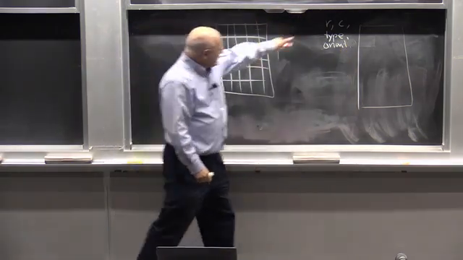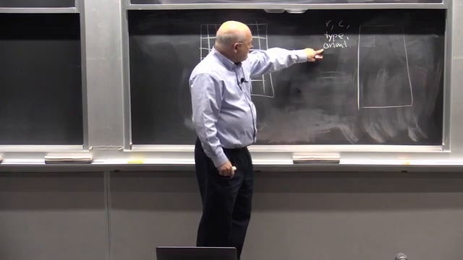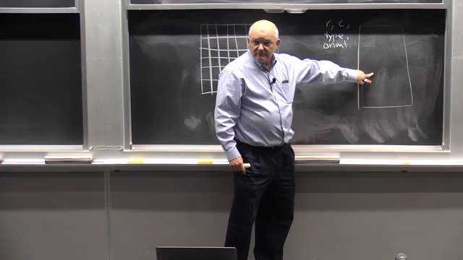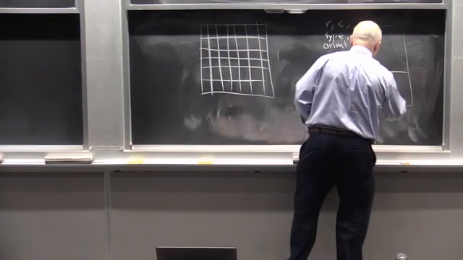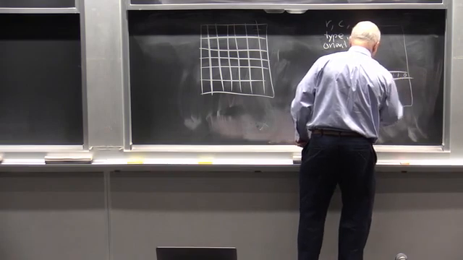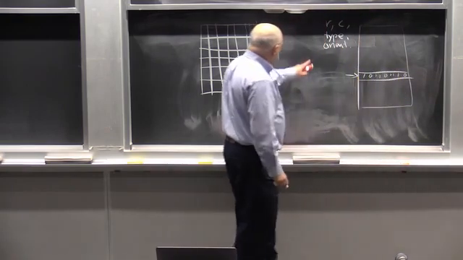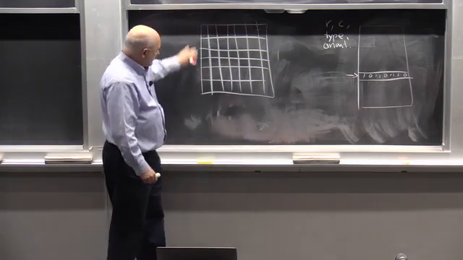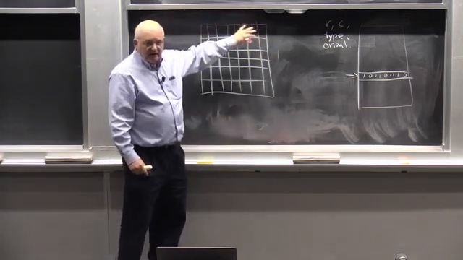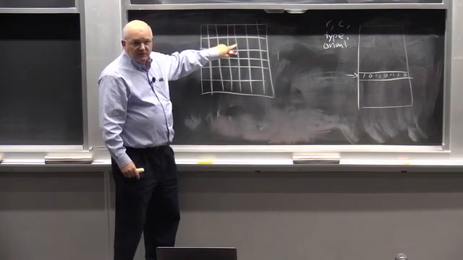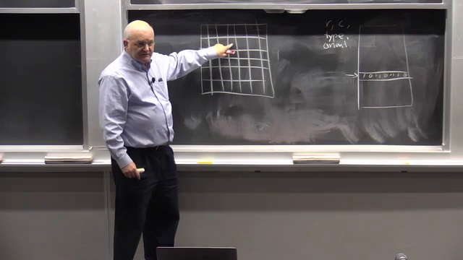And every different combination of row, column, type, and orientation corresponds to a different random number in the table. And my hash function is the XOR of all of the values of all the pieces that are on this table with their orientations.